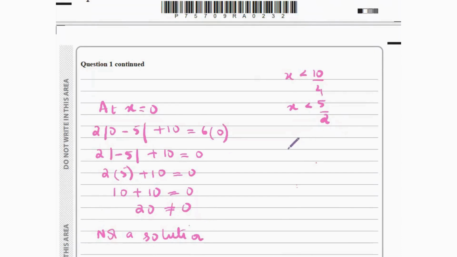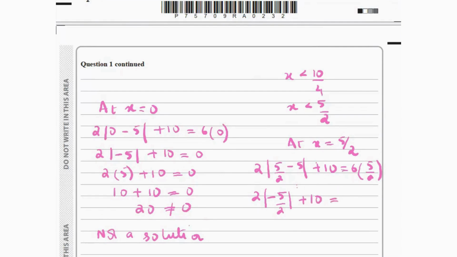Now, at x equals 5 over 2, it's going to be 2 modulus 5 over 2 minus 5 plus 10 equals 6 times 5 over 2. So that's 2 modulus of negative 5 over 2 plus 10 equals 15, which is 2 times positive 5 over 2.